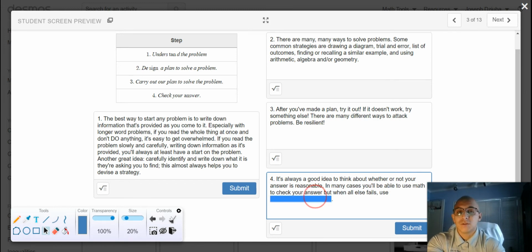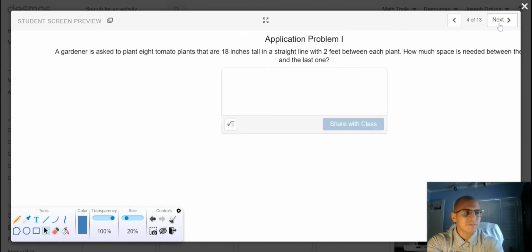In many cases, you'll be able to use math to check your answer, but when all else fails, use good old-fashioned common sense. Okay? It's a bad idea to make decisions using inductive reasoning or just your intuition. Sure, someone may be able to label you as decisive, but in certain instances, you definitely want to take some time in making decisions.